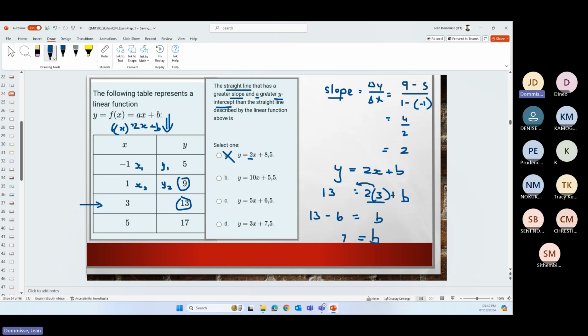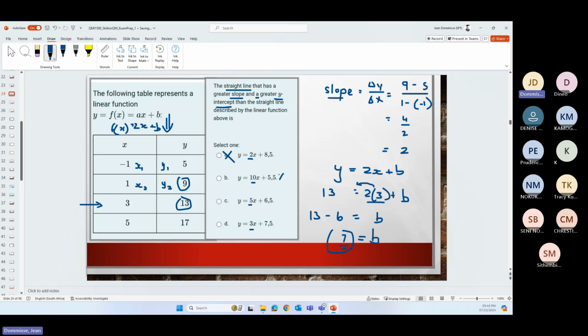So a straight line that has a greater slope and a greater y-intercept than this straight line described is, okay, so that one has a greater slope. Okay, so all of them have the greater slopes, but where is your y-intercept? Must be bigger than 7.